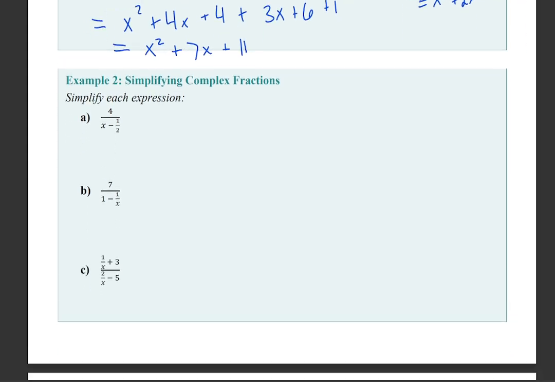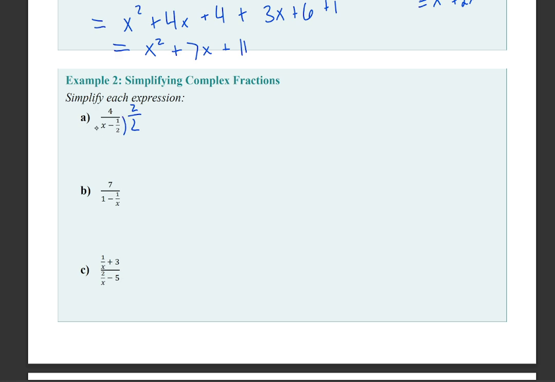Moving on to our second example. Notice how we have fractions inside of fractions here. So this is a specific case I wanted you guys to practice. To undo this, I want you to multiply the top and the bottom by whatever you see in the denominator in either the top or bottom. So in the first example, we have a 2 in the denominator, so I'm going to multiply the top and the bottom by 2.